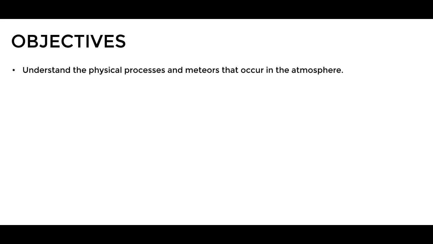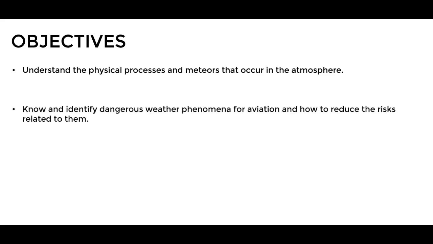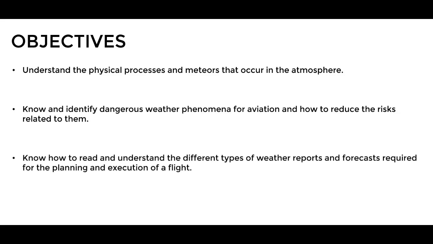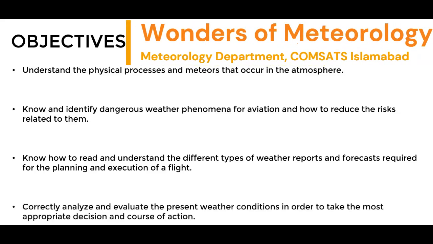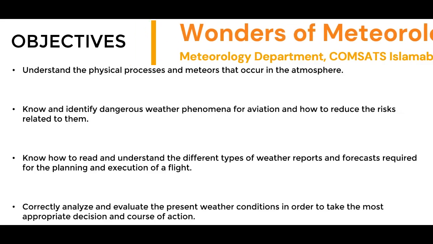Therefore, the main objectives of the study of aeronautical meteorology are to understand the physical processes and meteors that occur in the atmosphere, know and identify dangerous weather phenomena for aviation and how to reduce the risks related to them, know how to read and understand the different types of weather reports and forecasts required for the planning and execution of flight, and correctly analyze and evaluate the present weather conditions in order to take the most appropriate decision and course of action given the circumstances.